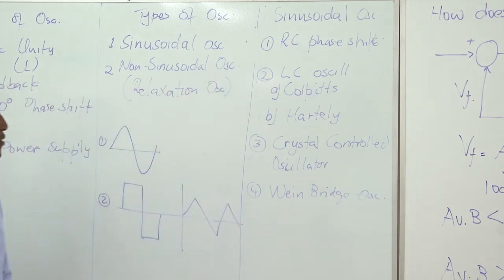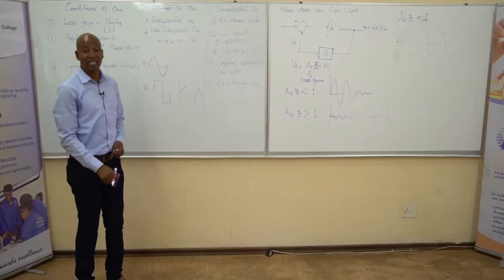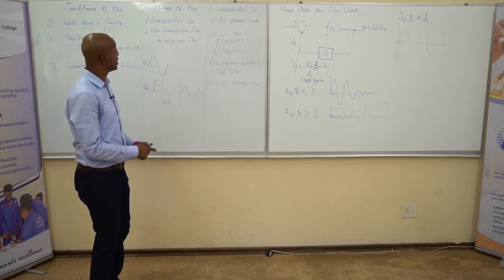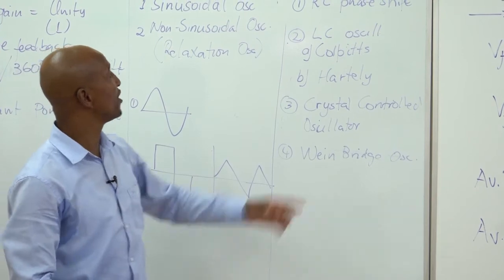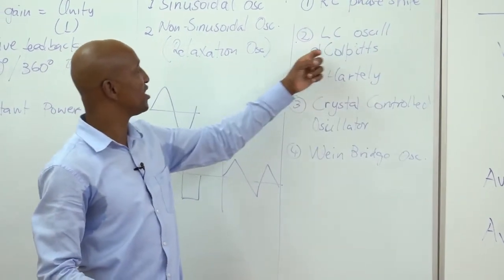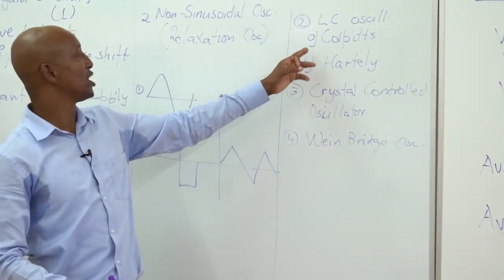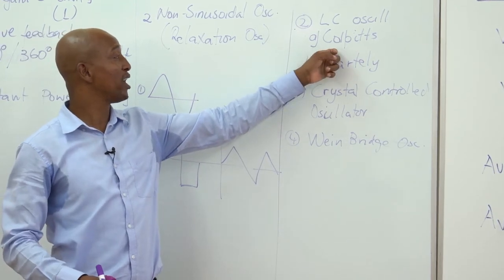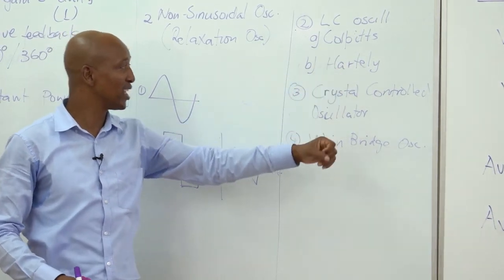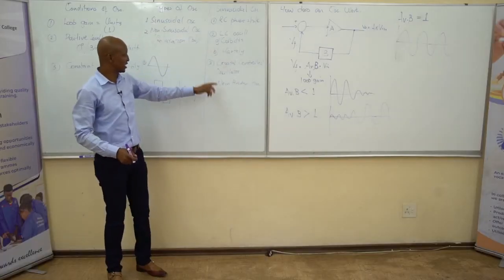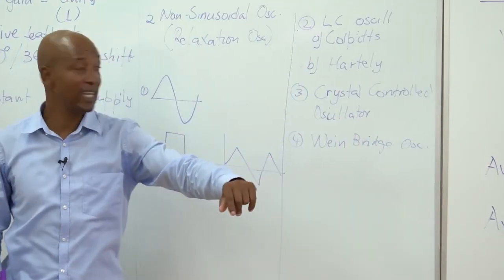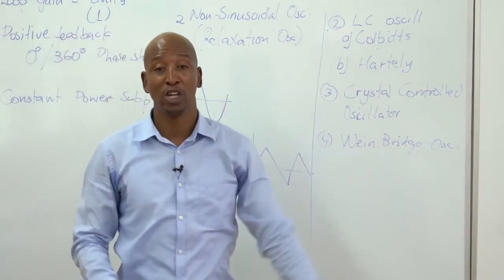So these are the types of oscillators we shall be looking at. Colpitts and Hartley are the names of the people who discovered the behavior of these oscillators.